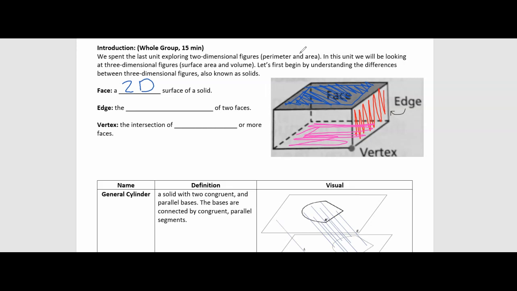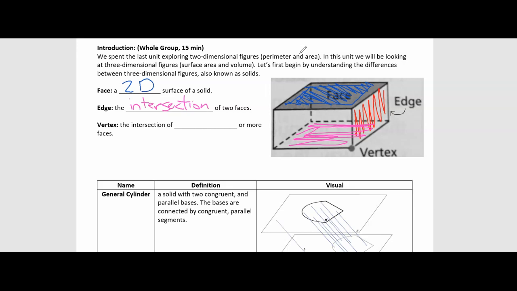Now, an edge is the intersection of two faces. If you think back to possibly our very first lesson, we talked about the intersection of planes. Right?